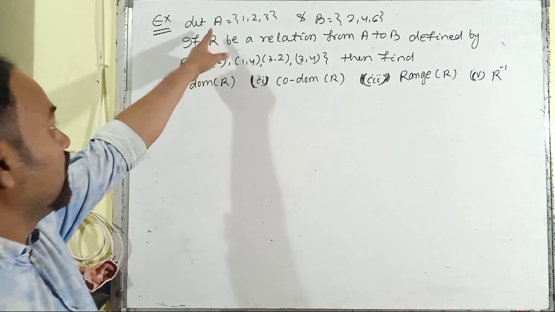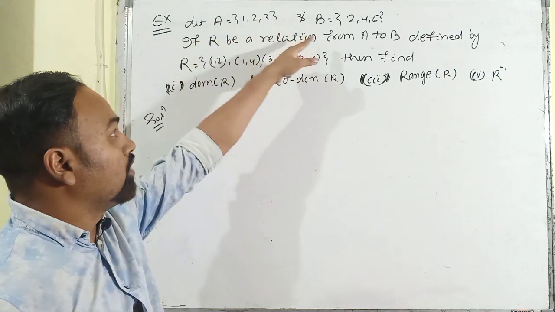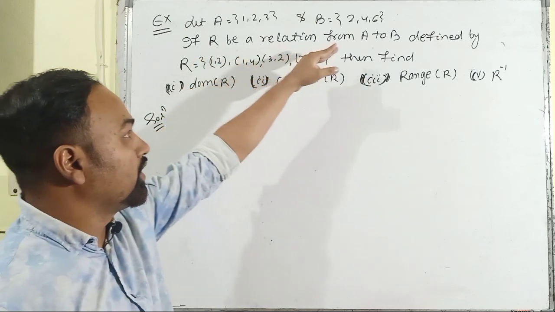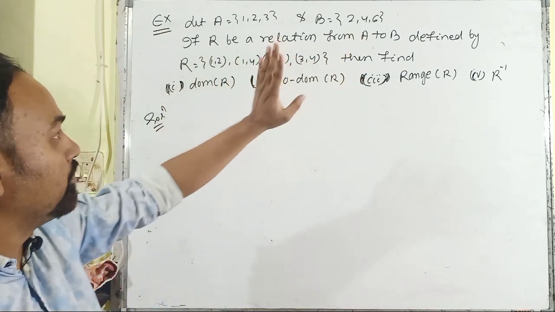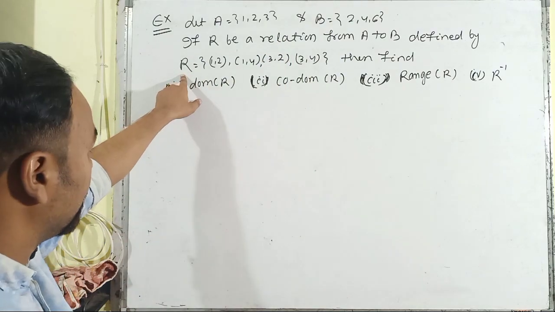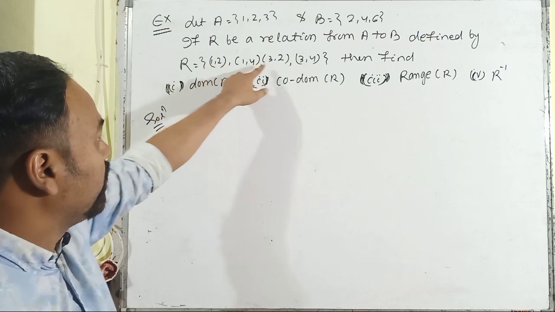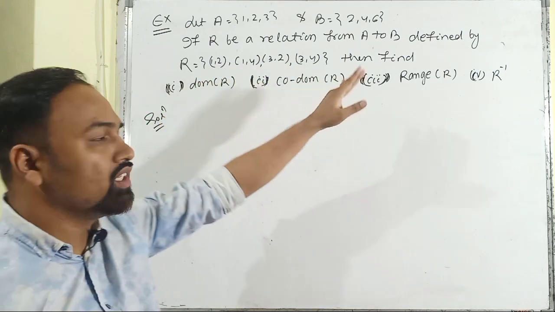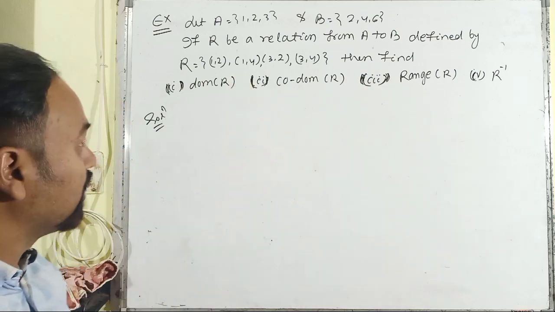It has been given that A is equal to {1, 2, 3} and B is equal to the set {2, 4, 6}. R is a relation from the set A to B, defined by R = {(1, 2), (1, 4), (3, 2), (3, 4)}. We have to find the domain, codomain, range and R inverse, that means the inverse of the relation.